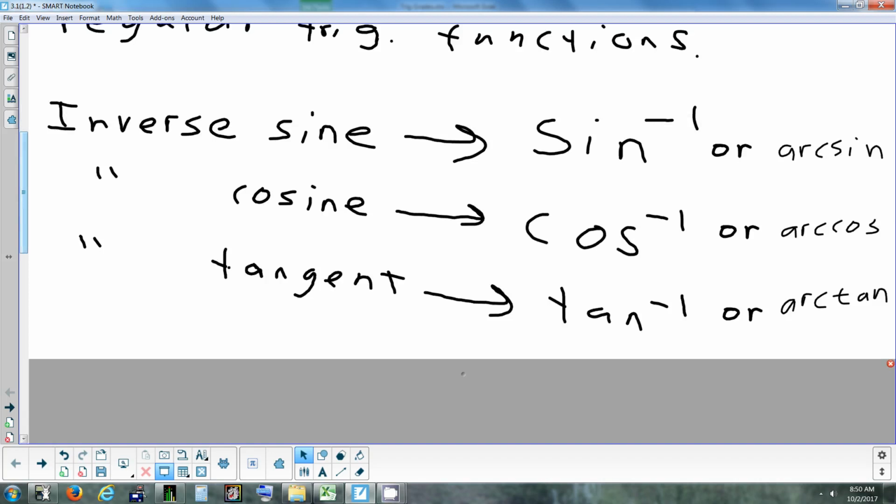And lastly, inverse tangent. You'll see tan with the -1 or arc tangent. Okay, any questions on the symbol or the abbreviation for inverse sine, inverse cosine, or inverse tangent?